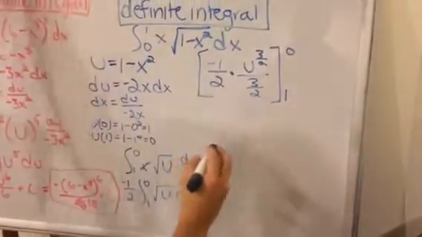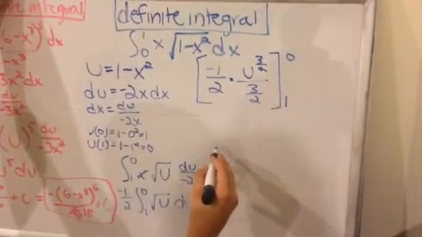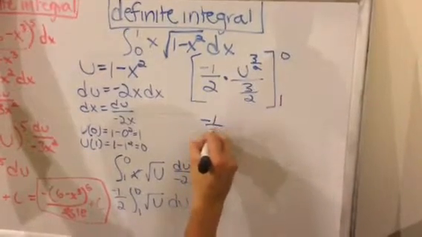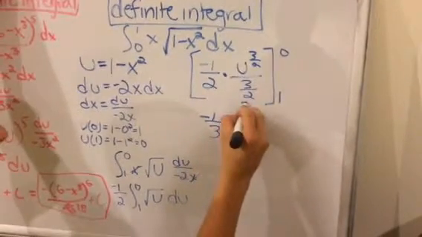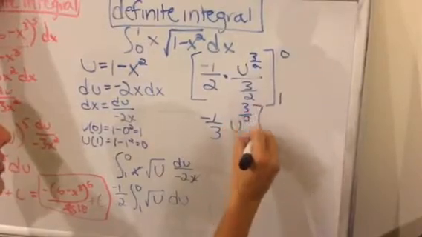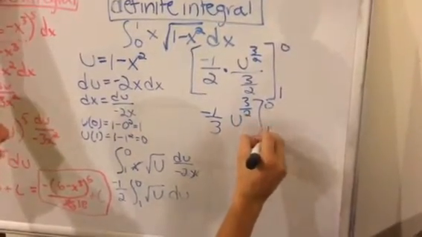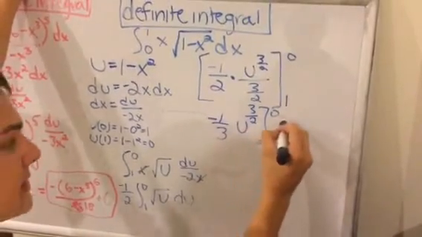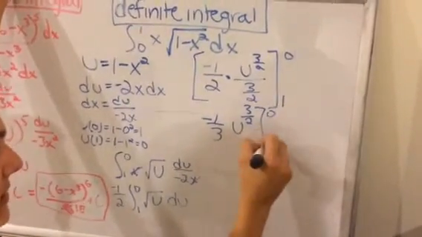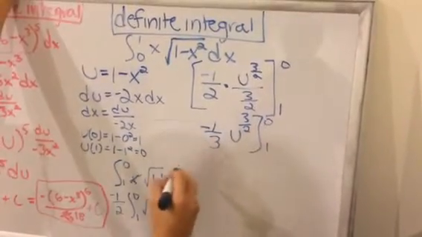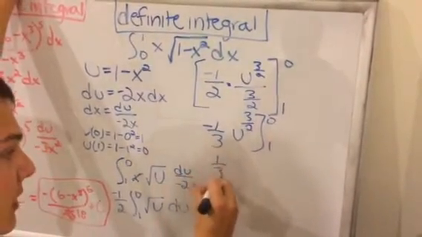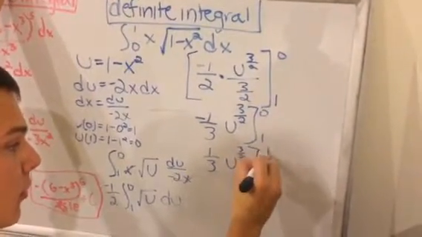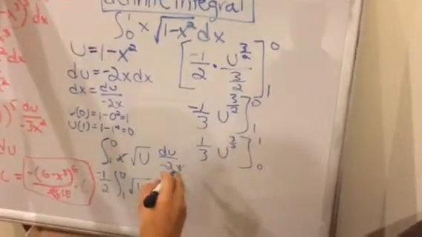Simplifying this, it would be negative 1/3 u to the 3 over 2 from 1 to 0. Now, we know that 1 to 0 is the same thing as 0 to 1 multiplied by negative 1. So it would be 1/3 u to the 3 over 2 from 0 to 1 this time.